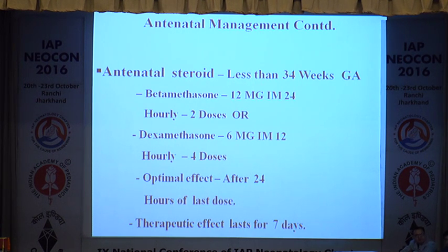That should be given to all pregnancies with less than 34 weeks of gestation, with betamethasone 12 milligram intramuscular, 24 hourly, 2 doses, or there are different schedules. Antenatal steroids have a definite role in the prevention of RDS and in the prevention of IVH in preterm babies.